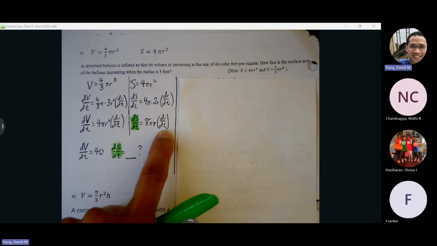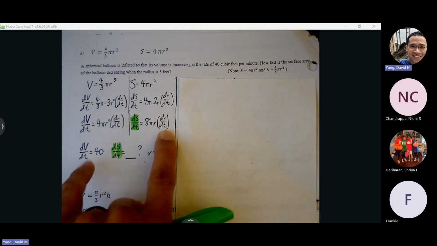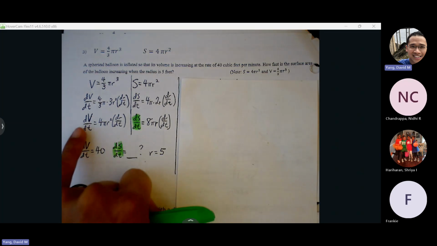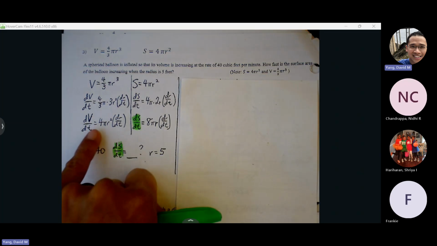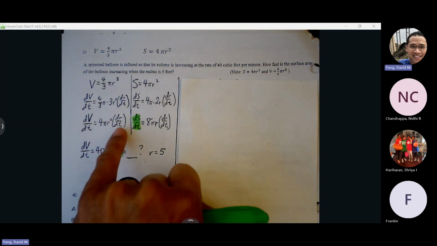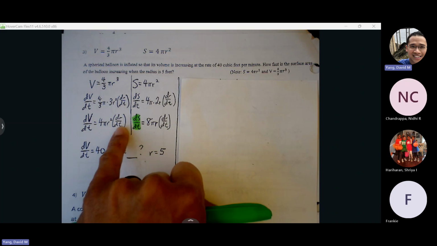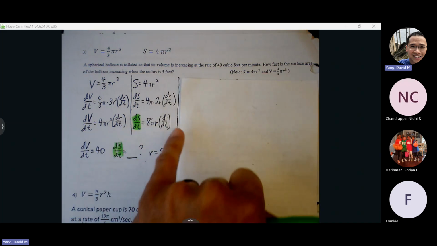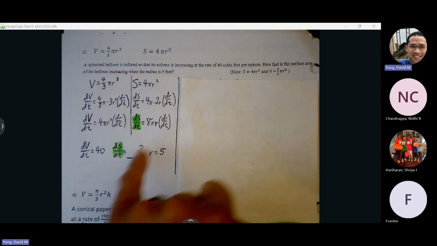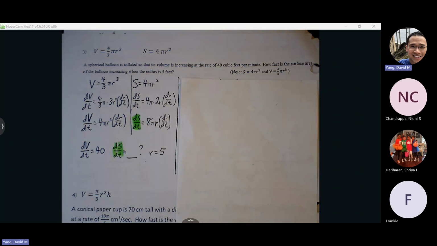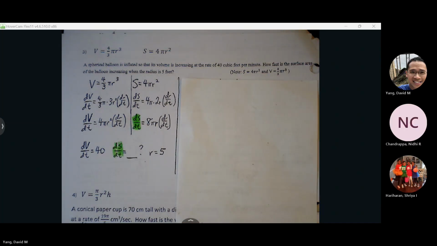But we don't have dr dt, but we do have dV dt. And so there's our link there. If we can replace dV dt with 40, replace r with 5, that will allow us to get to dr dt. And if we have dr dt, then there's our last piece that we need to get to dS dt. So we're just substituting into equations until we eventually get to the variable that we're trying to solve for.